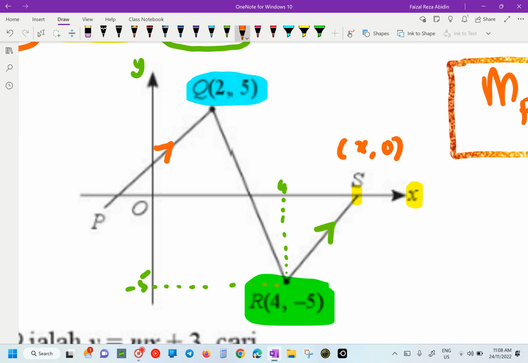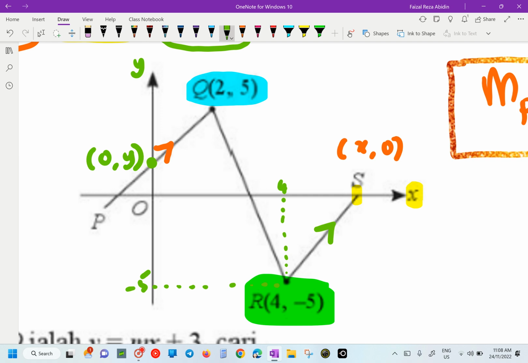Why did we know that it is (x, 0)? Because it lies on our x-axis. If it lies on our y-axis, for example over here, I'm going to get (0, y).